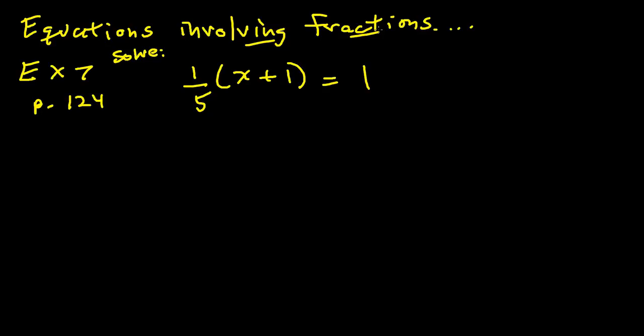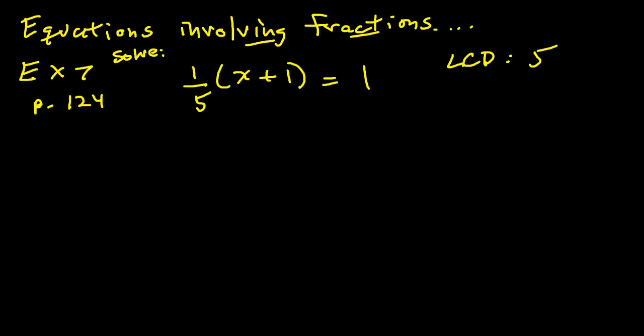There's only one fraction here, so there's only one denominator. So here the LCD, the least common denominator, is 5. If I multiply both sides by 5 and do it correctly, all these fractions are going to go away, and I'll have an easier problem, much like the ones we've already done earlier in this class.